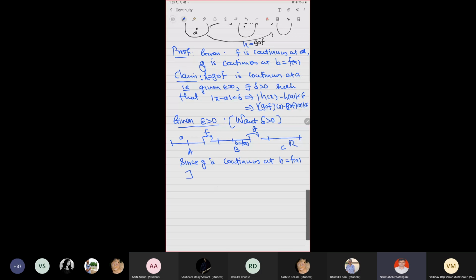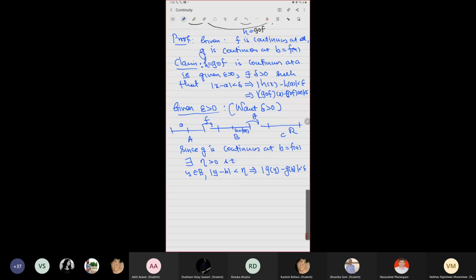Can I say that there exists some number, let us call it eta, such that whenever y is in B and the distance of y from b is less than eta, then the distance of g(y) from g(b) is less than epsilon? Is it possible? Yes, it is possible.